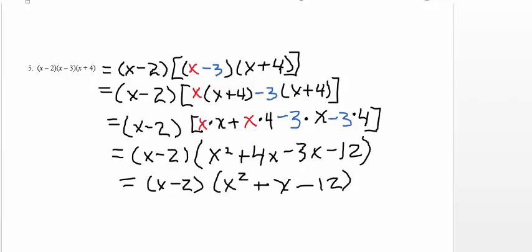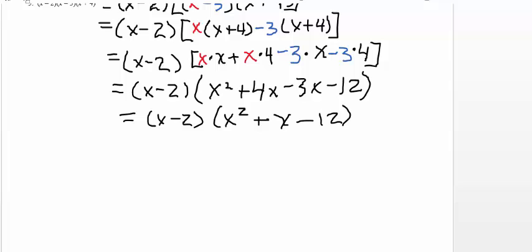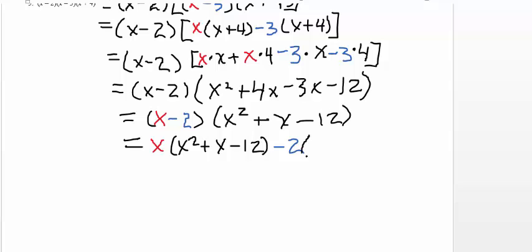And now, in order to carry this out, I've got to make sure the x and the minus 2 get multiplied by each term of the second polynomial. So I'm going to multiply x times the second polynomial, x squared plus x minus 12. And I'm going to multiply negative 2 times that polynomial as well.